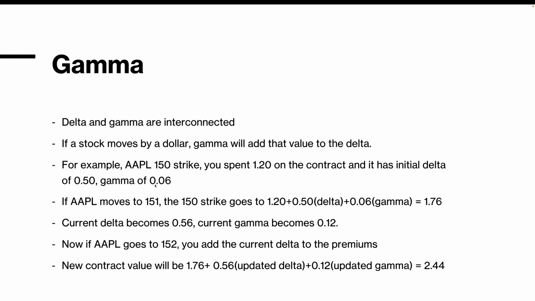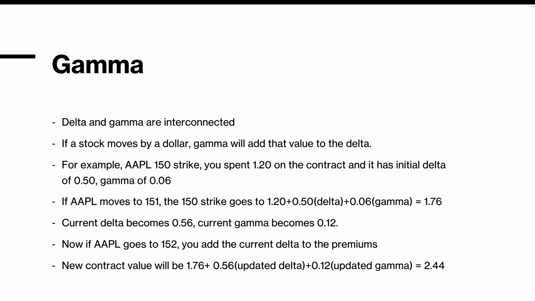What will happen if gamma oscillates? Your delta oscillates. The amount of money which you'll be making for every single dollar move keeps going up and down at a crazy level. When this pushes up to crazy high levels, it's going to push the delta up crazy high, which in turn tells you the amount of money you'll be making or losing for every single dollar move.